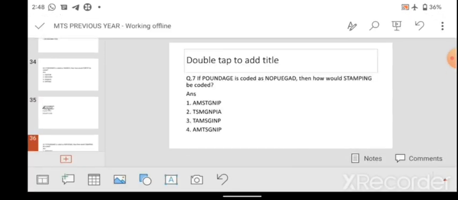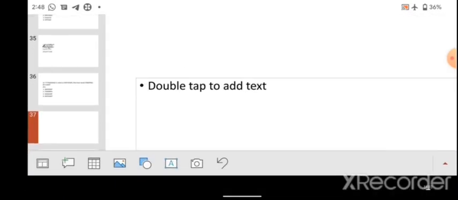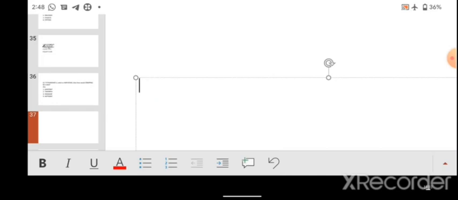If pounding is coded as NO, PU, EG, AD, then how would stamping be coded? Pounding is coded as NO, PU, EG, AD.